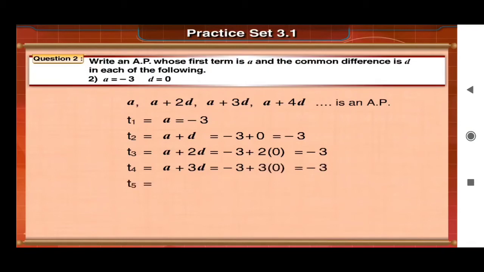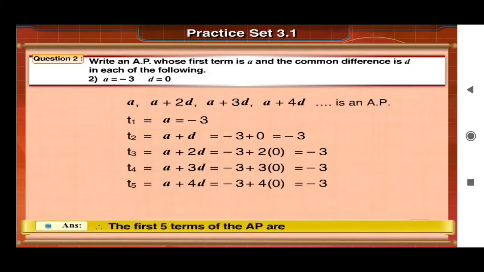T5 is equal to A plus 4D, that is equal to minus 3 plus 4 into 0, which is equal to minus 3. Therefore, the first 5 terms of an arithmetic progression are minus 3, minus 3, minus 3, minus 3, minus 3, and so on.